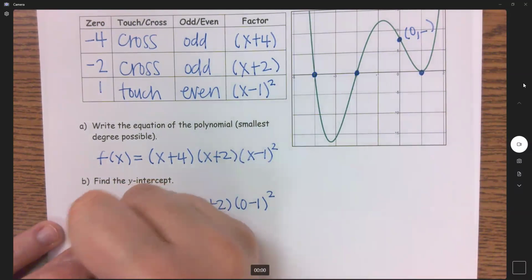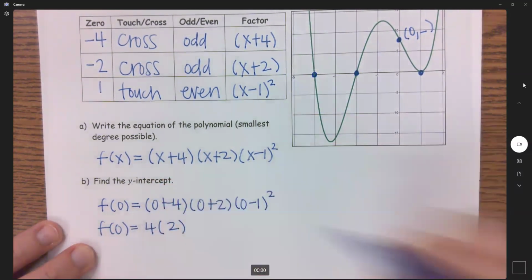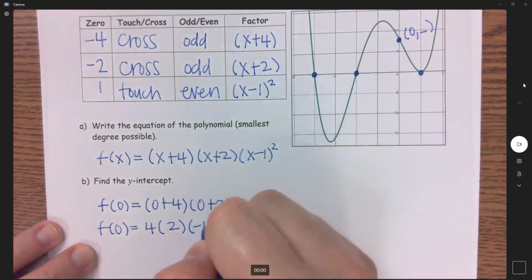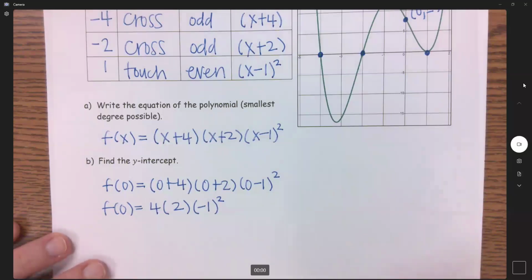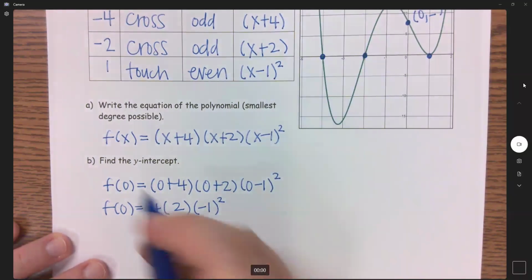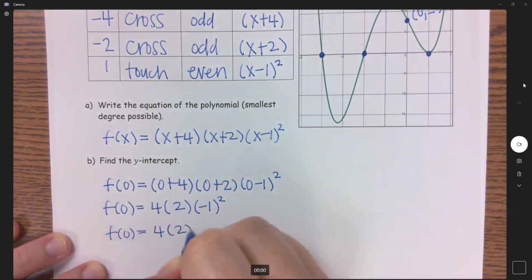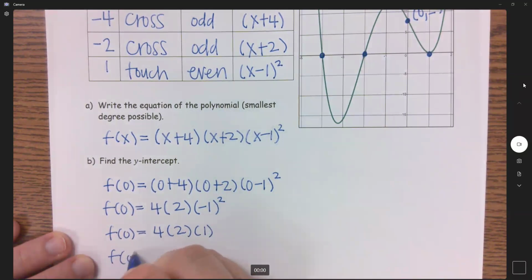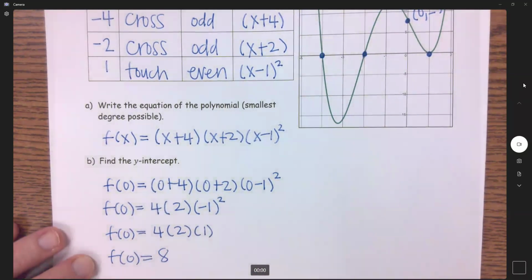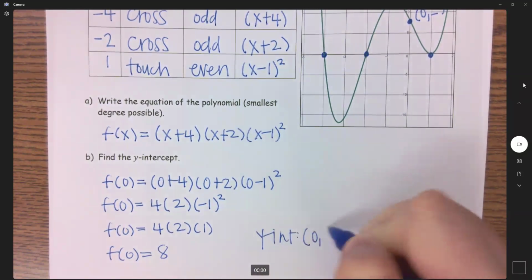But if we evaluate, we have 4 times 2 times (-1) squared. Order of operations says parentheses first. Next is exponents. So we would have f of 0 equals 4 times 2 times (-1) squared, which is 1. So f of 0 equals 8. So therefore, my y-intercept is at the ordered pair (0, 8).